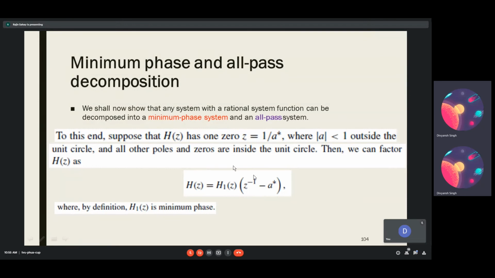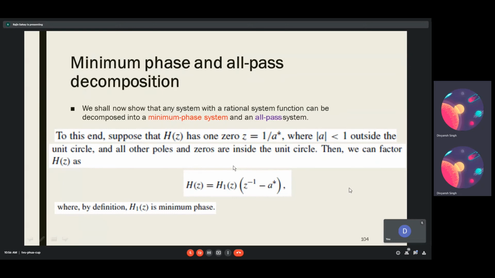Then we can factor H of z as some H1 of z into this factor, where H1 of z by definition is a minimum phase system. And we will see by doing some manipulation that on the right hand side here we will produce an all-pass system. So we can write H of z, which is a non-minimum phase system or an arbitrary rational function, as a product of a minimum phase system and an all-pass system.